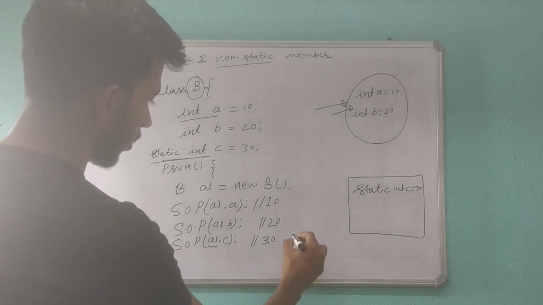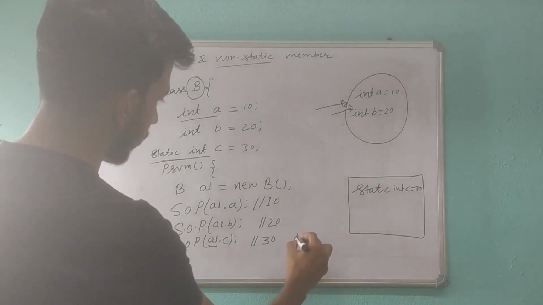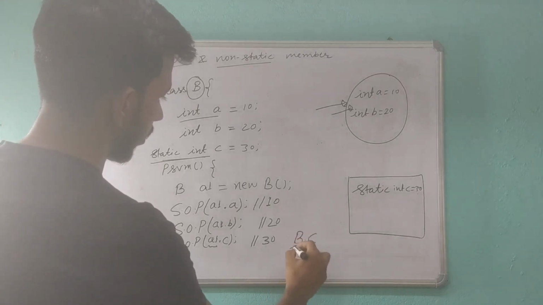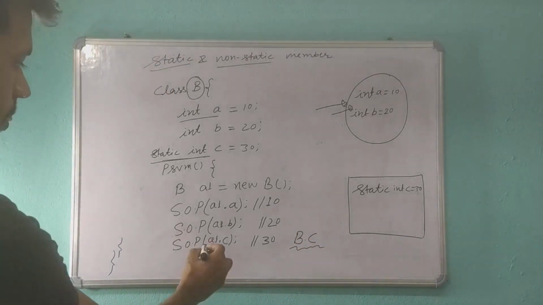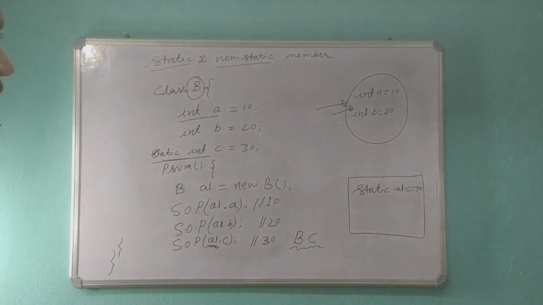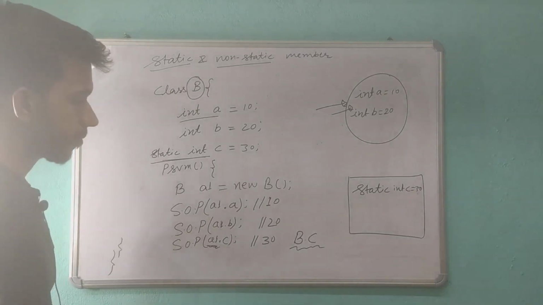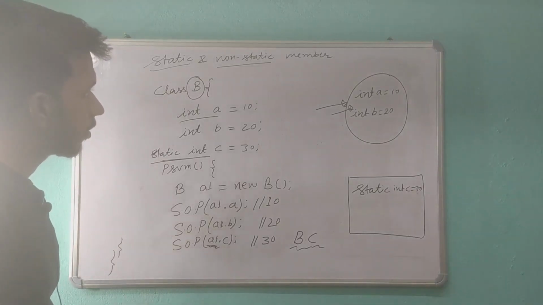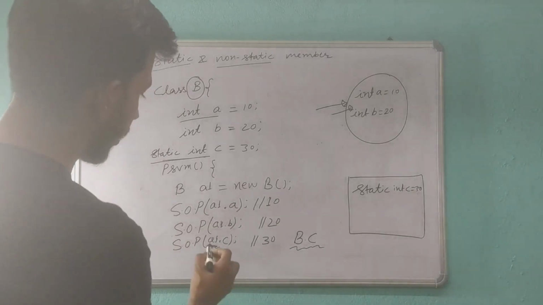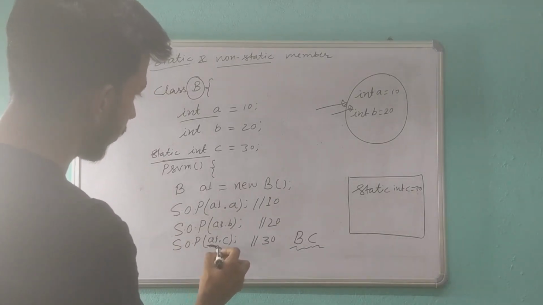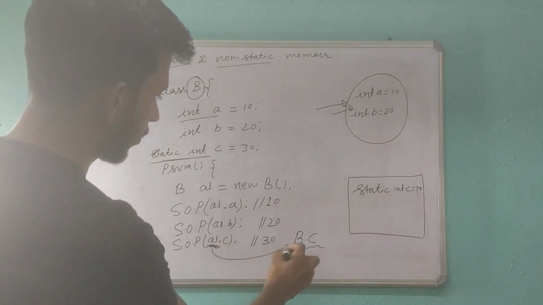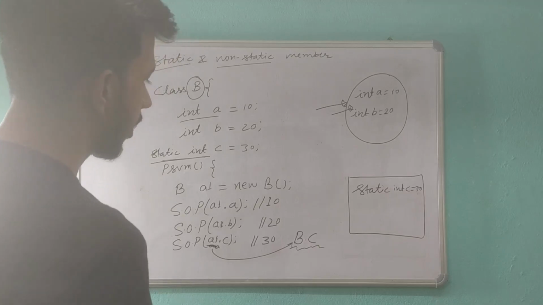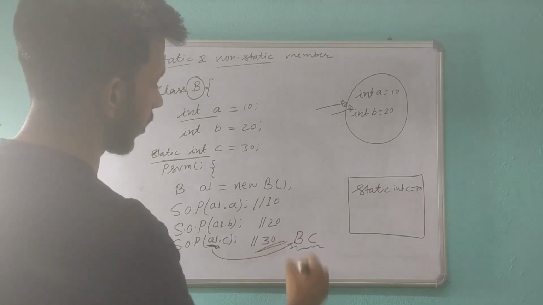The warning says you have to write B dot c. The programmer is using the reference variable, but the compiler is replacing the reference variable with the class name, and it will give output 30 here.